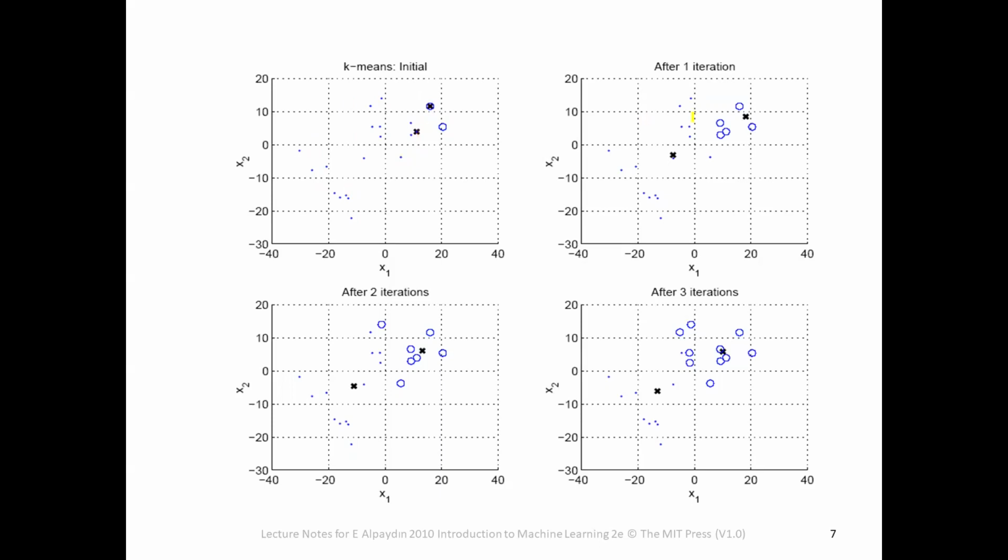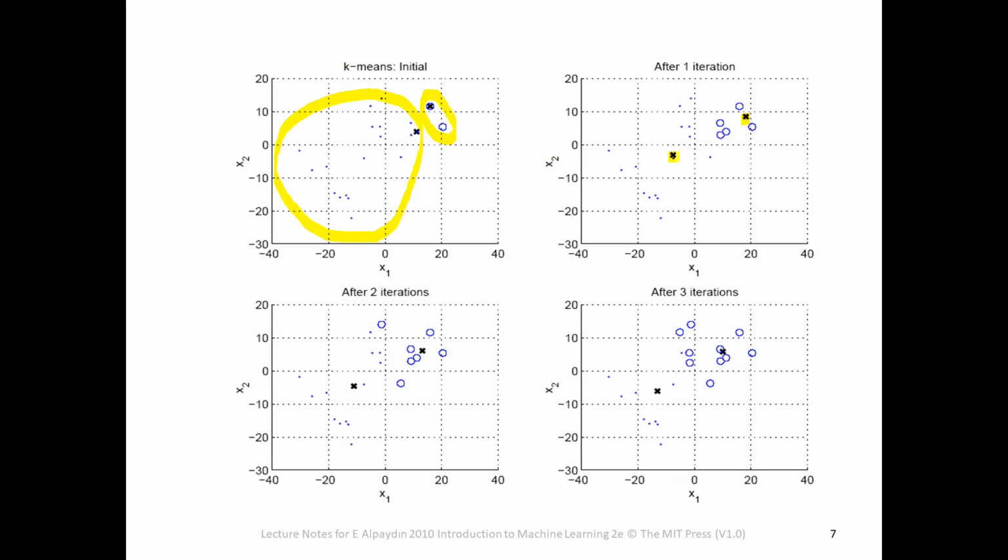After one iteration, we compute the mean of these two observations, so the new position of the representative will be in the middle between them. And for the rest here, we also compute a mean, so the second reference vector will be placed in the middle of the group.